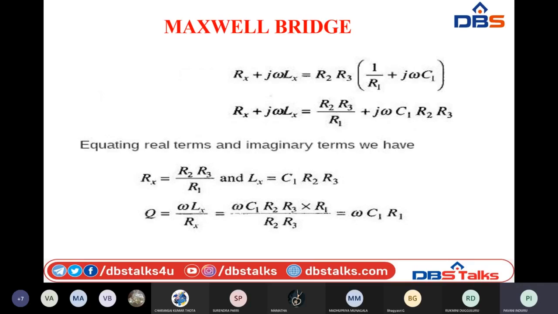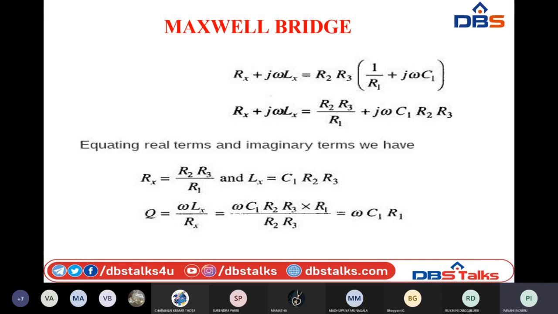Now, we are going to balance the bridge. So Zx is written like Z2, Z3 into Y1, right? Here we are going to use all these terms in that expression. So here we have Zx, that is nothing but Rx plus J omega Lx, which is equal to Z2, Z3 into Y1.